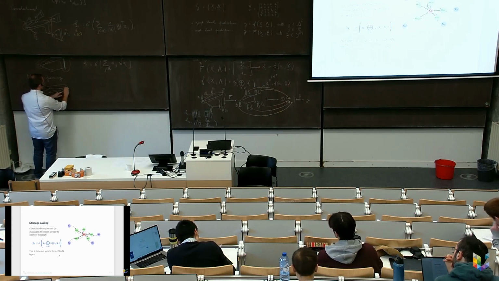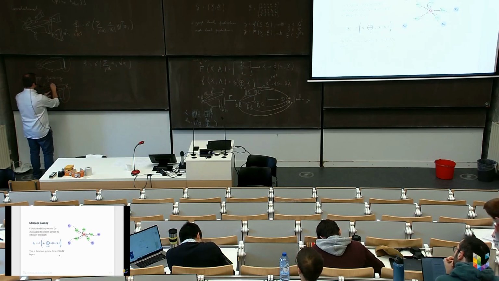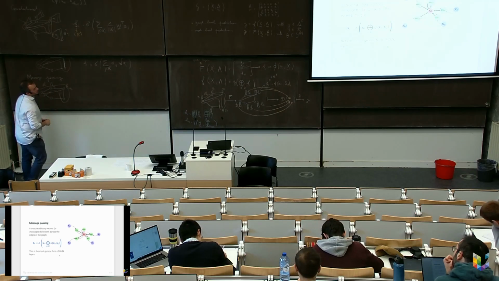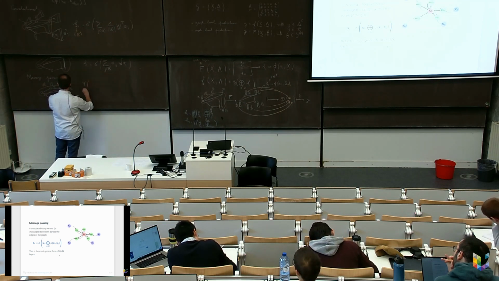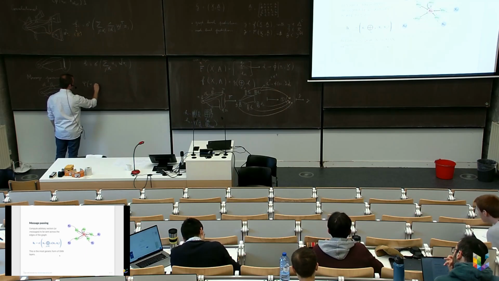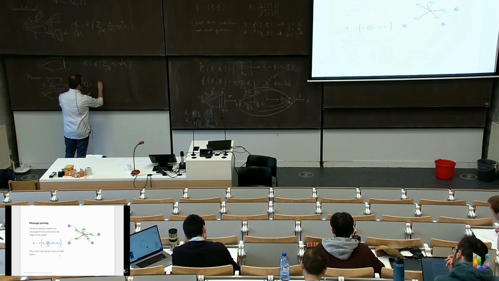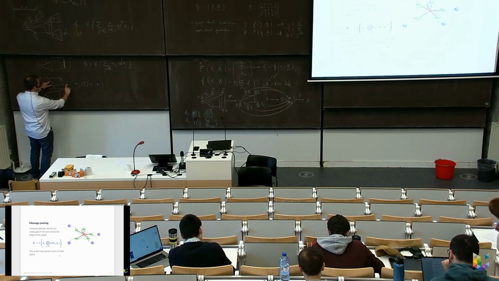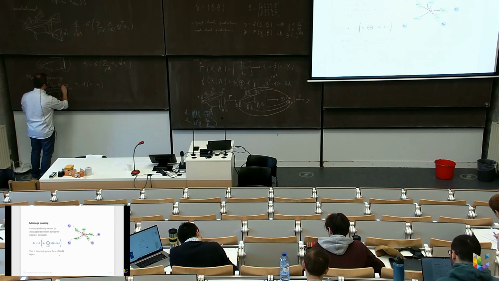So if we are here, xi, and we are here for this neighbor xj, we will have a function which in the slide is named phi, which will compute a message, so we call that nij, which takes these two vectors and produces another vector, nij.